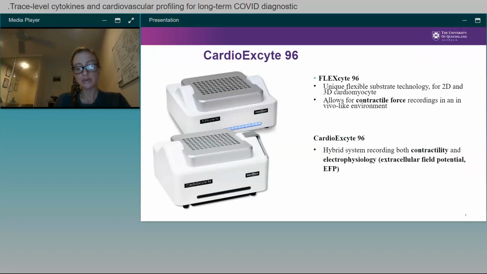This brings us to our collaboration with Nanion and our use of the CardioExcite machine. Sonja showed you the FlexSite plate, which can measure contractility. Here I want to introduce the CardioExcite system, which can measure both contractility and electrophysiology.